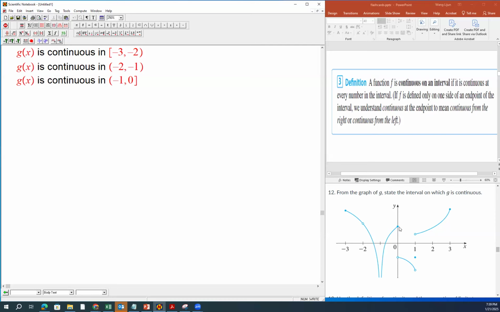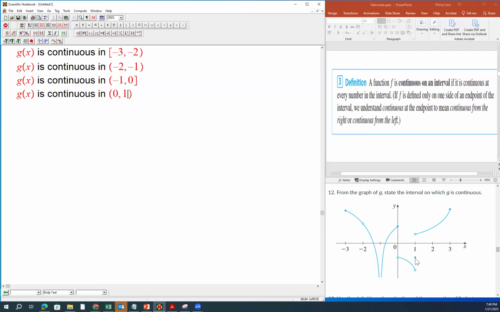And from 0 to 1, let's look at this continuity. At 0 it is right continuous, right? So G is continuous from 0 to 1, because at 1 there's neither left continuity nor right continuity.